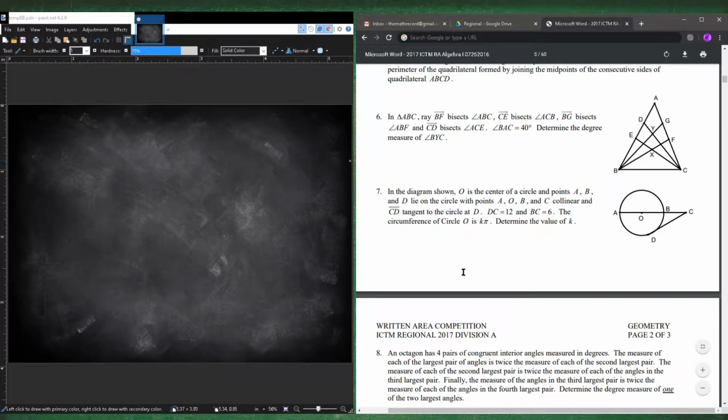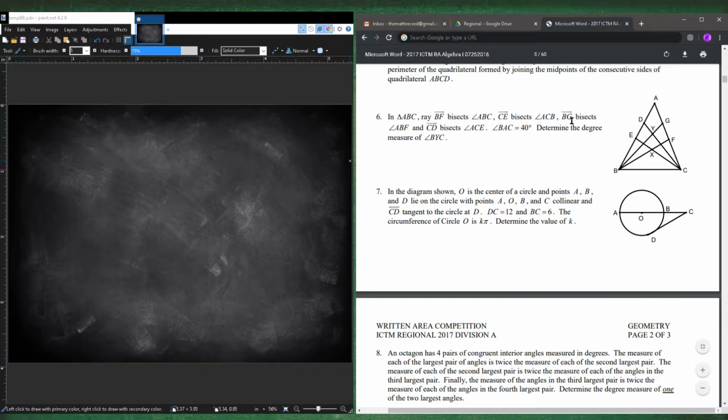Okay, in triangle ABC, we have ray BF. BF bisects angle ACB, so this angle right here has to be equal to this angle. CE bisects ACB, so it's basically the same thing on this side: this angle is equal to this angle.